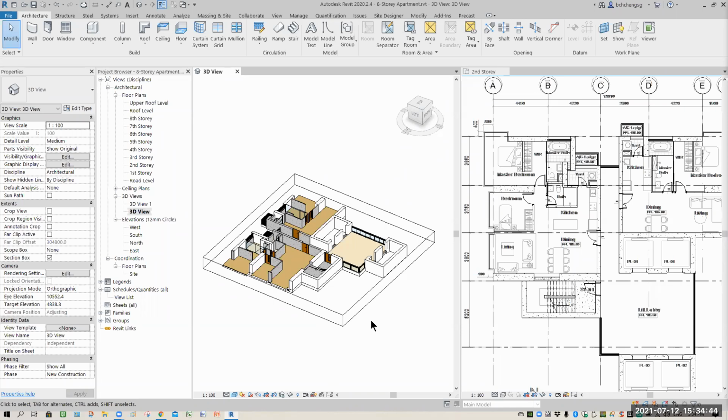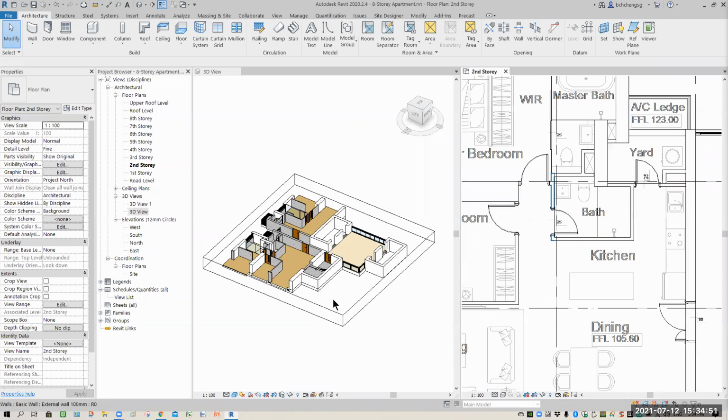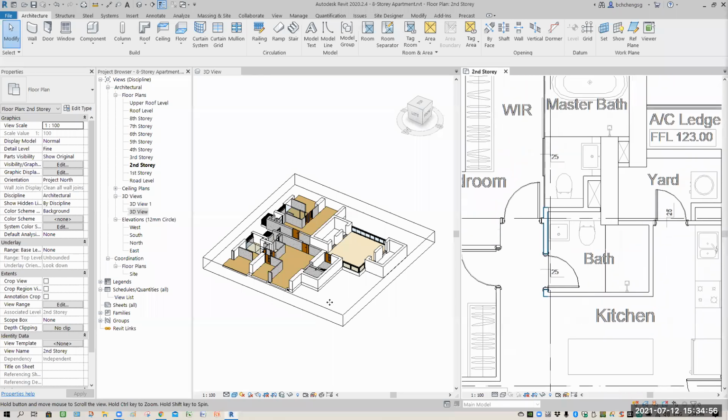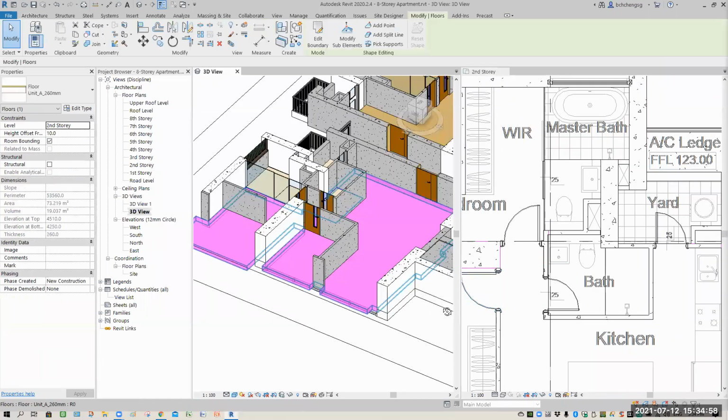Okay. Any other thing? Then you see the floor plan, how I determine it. As Shweta just asked me, right?